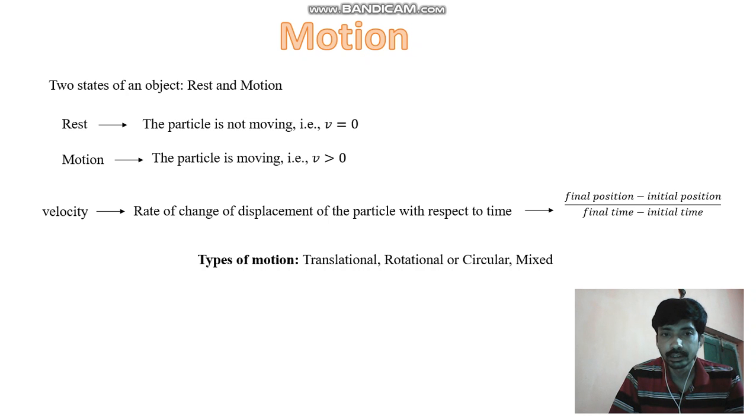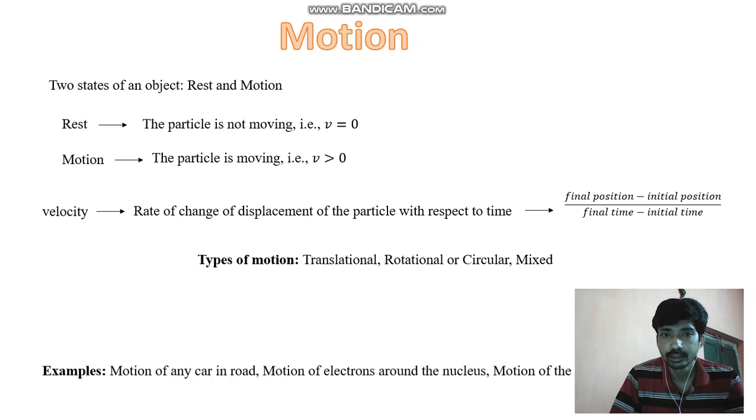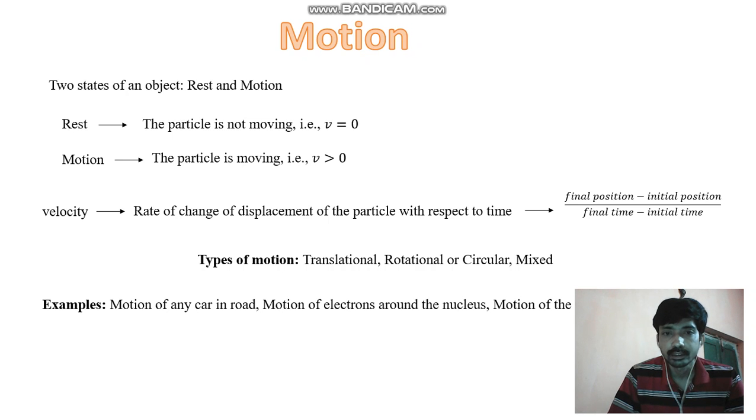First, let me give you an example of all these three types of motion. An example of translational motion may be the motion of a car which is moving in a straight line on the road. In an atom, there is a nucleus in the center, and revolving around that nucleus there are electrons. So the motion of the electrons around the nucleus is an example of rotational or circular motion.